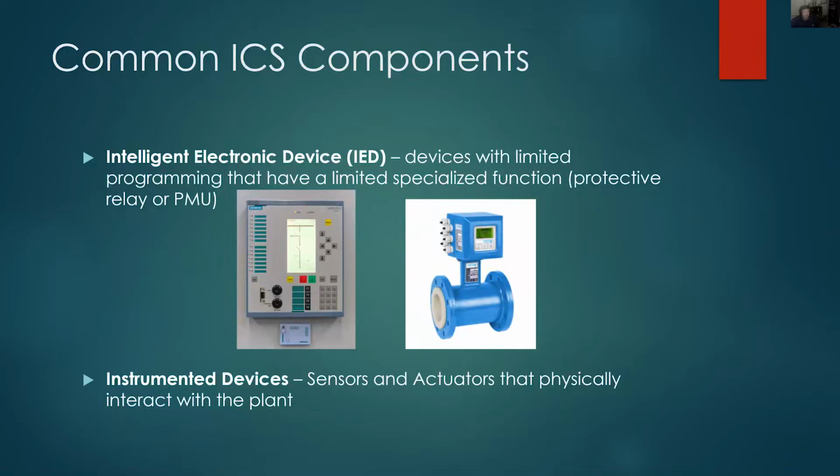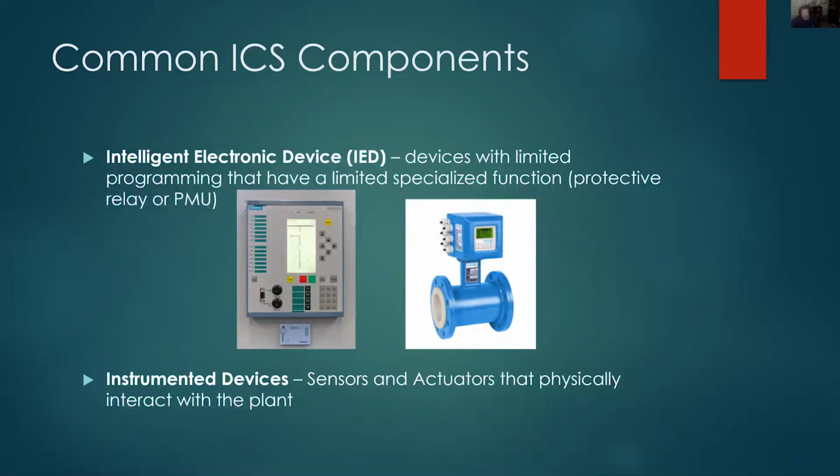Like they're a protective relay, so that if you have a voltage overcurrent or a voltage undercurrent, it'll shut the circuit down, or in order to keep the electric grid in balance, they'll do phase measurements and pass that data on, so that you can spin up generators or increase load to get things back in balance.